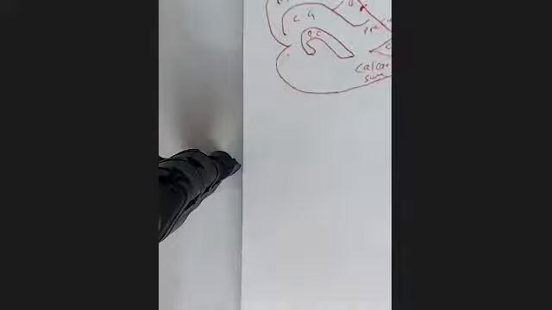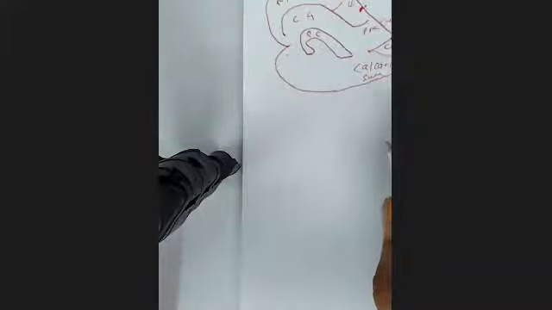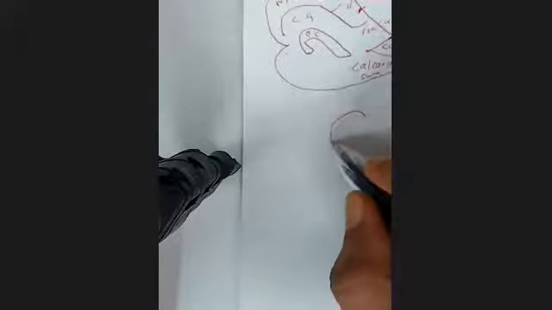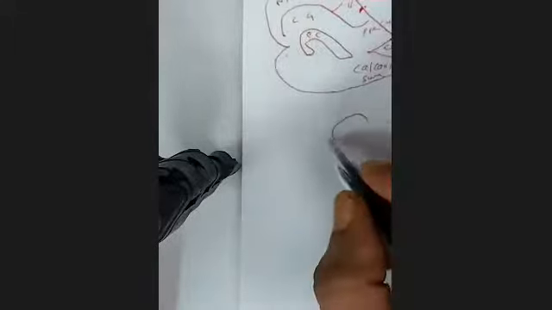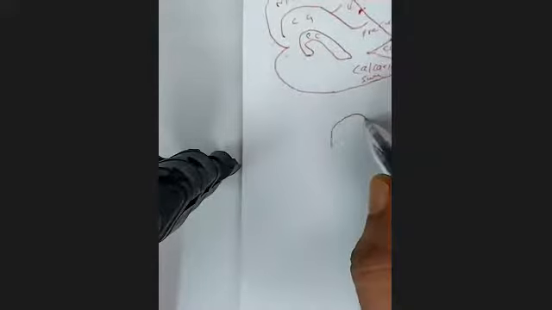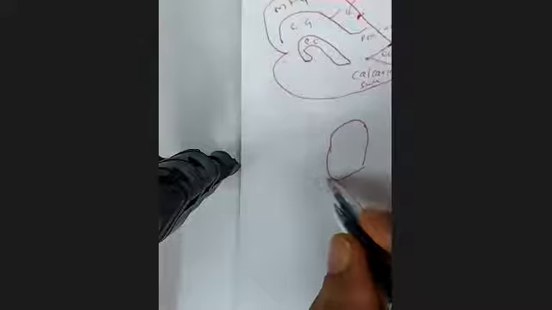Now coming down to the last part of the sulci and gyri, and that is the inferior surface. The inferior surface has two parts.